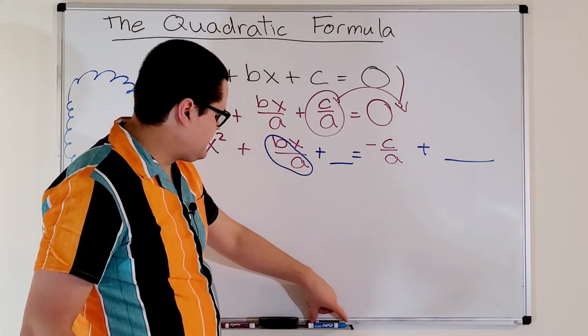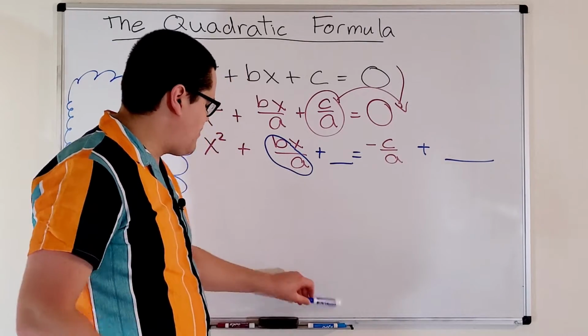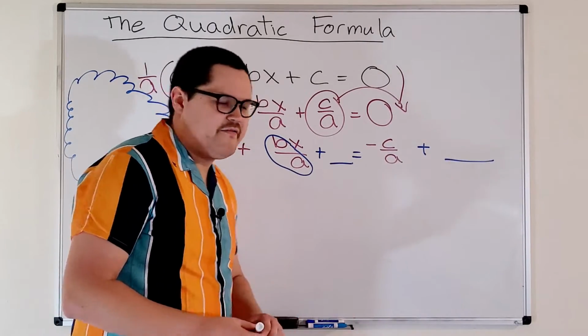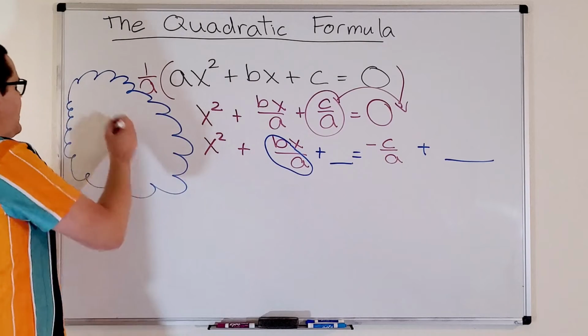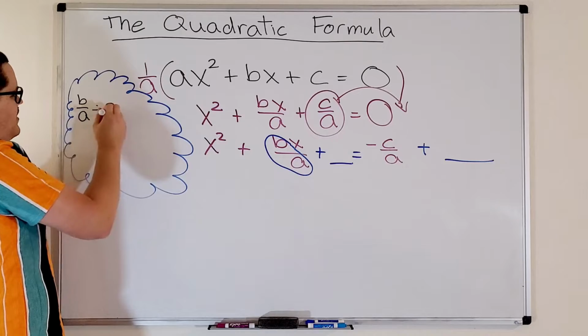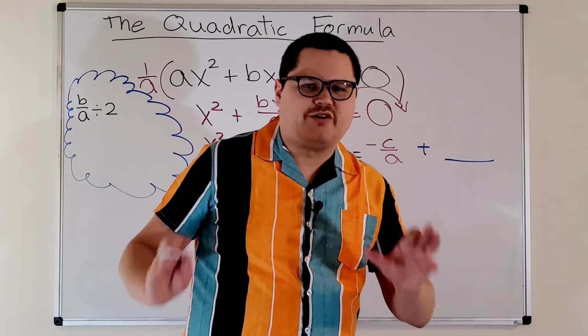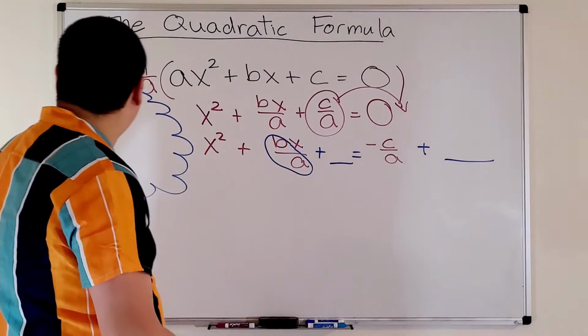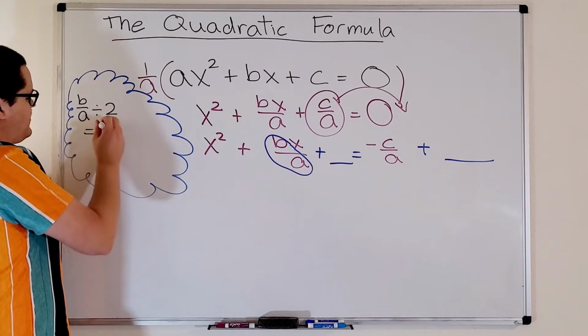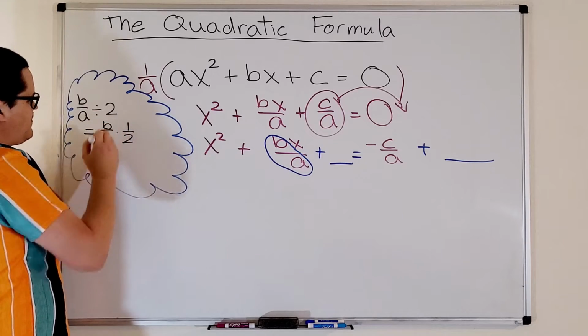All right, the thought bubble. So, do you remember what we do when we complete the square? Well, we take this coefficient, b over a, and we divide by 2. Now, dividing by 2 is the same as multiplying by 1/2. So this equals b over a times 1/2.